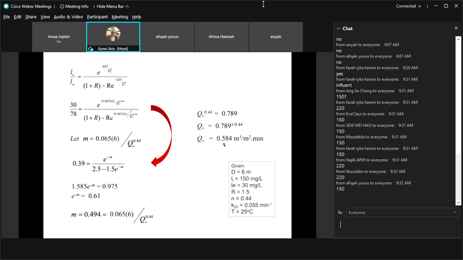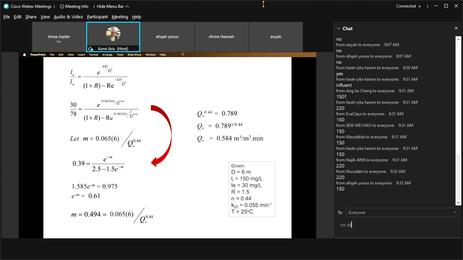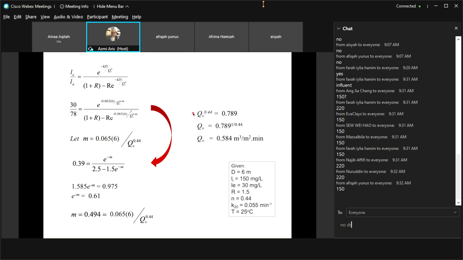You should put the unit in terms of meter cube per meter squared per time, whether per day or per minute, it doesn't matter, but it has to be meter cube per meter squared. Any question? Understand?